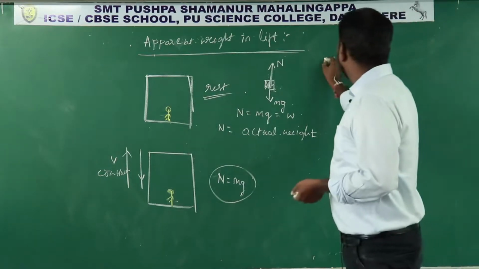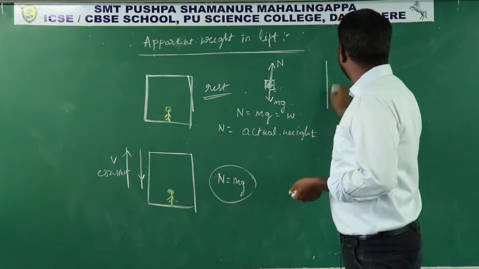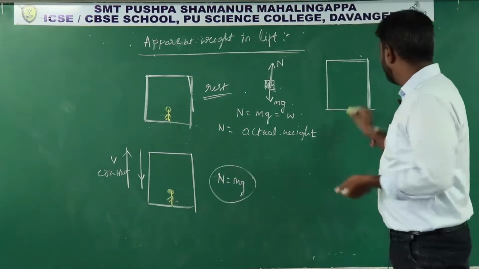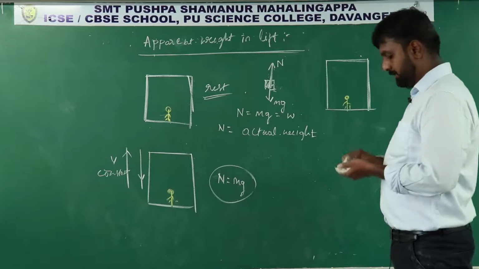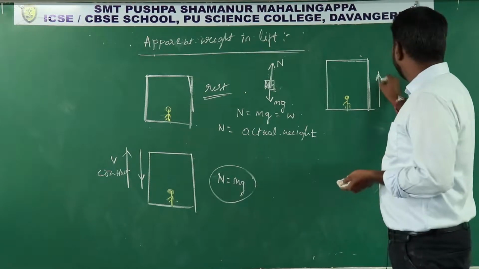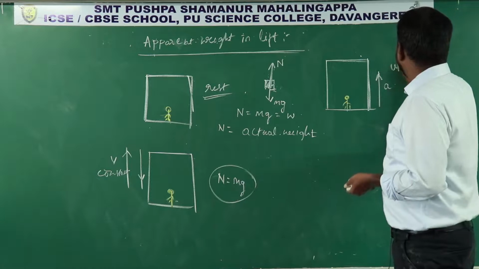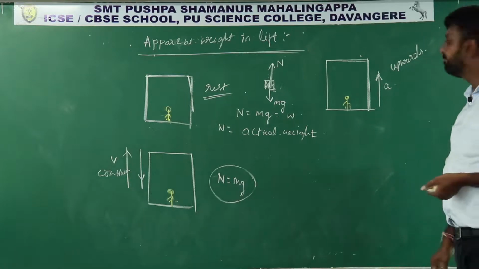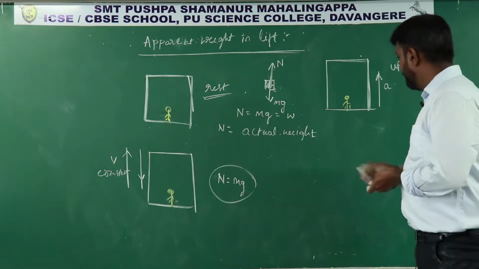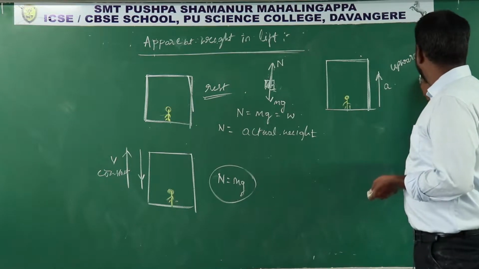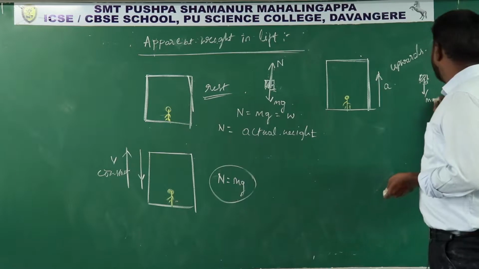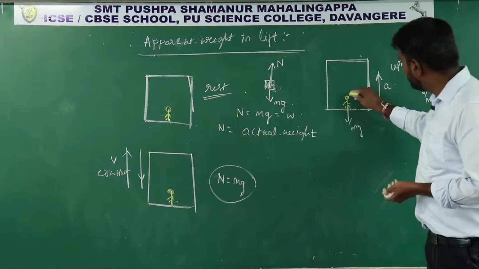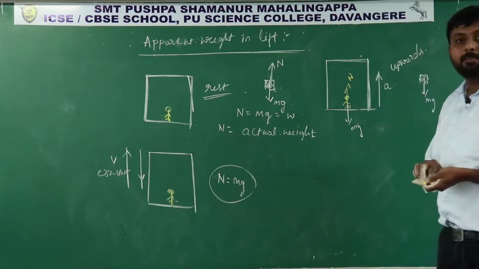And the next condition. A lift, in this lift there is a person, and the lift is moving upwards with acceleration a. In that case you can see this is the weight of the body, mg acting downwards, and the normal reaction N acting upwards.